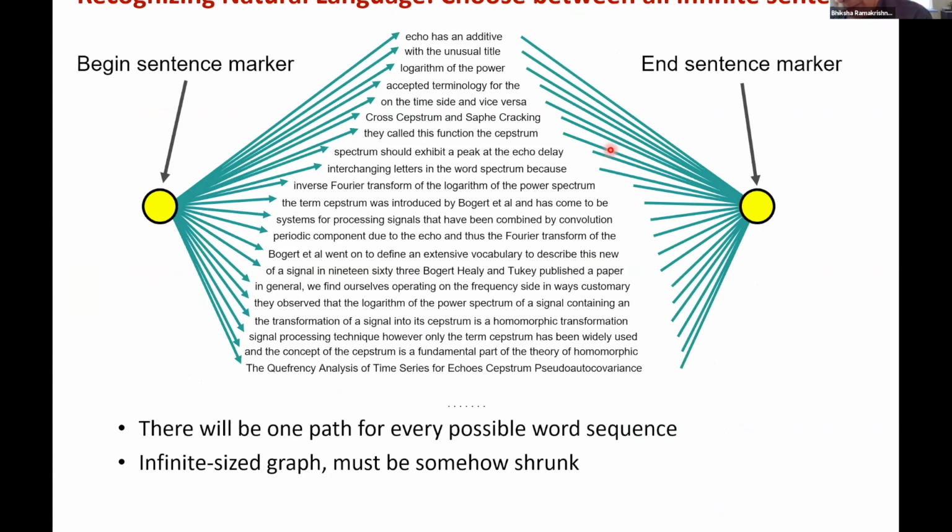For natural language, something interesting happens. Suppose I want to recognize natural language, then I have to build a graph where I have every possible sentence in the world in my graph. That's clearly not going to happen because that's infinitely big, correct? So we're going to do something cheap.